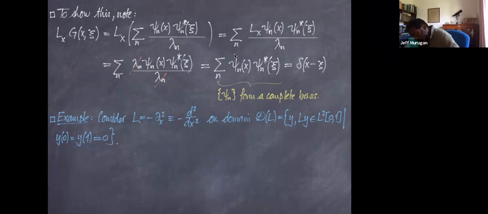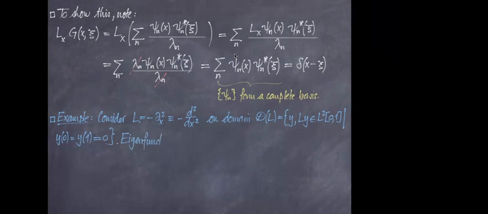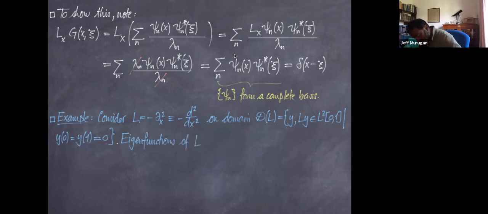So eigenfunctions of L are the functions psi n of x equal to sine n pi x. Sine of n pi x will satisfy the differential equation. And in fact, if I want to figure out what the eigenvalues are, I'll take this sine and plug it into the differential equation and see what happens.